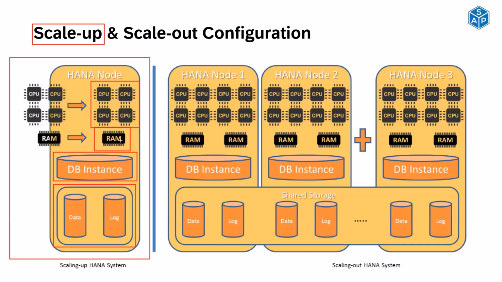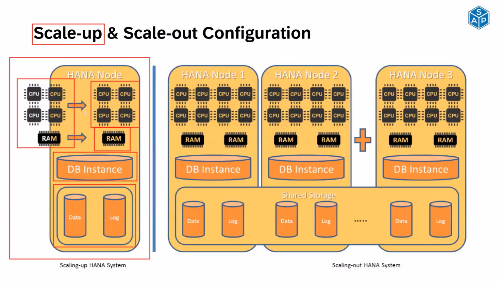After some time, maybe after 6 months, 1 year, 2 years, you start experiencing performance issues on the system. For example, the 4 processors and the 256 GB of memory are proving insufficient for the load of the system, and the load is getting more. What you will do is add more processors and memory to this existing configuration.